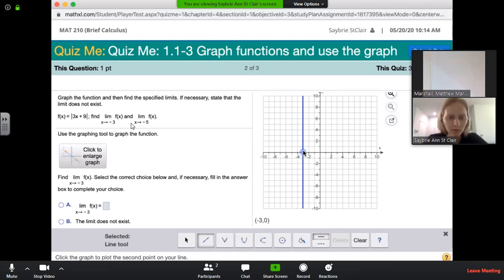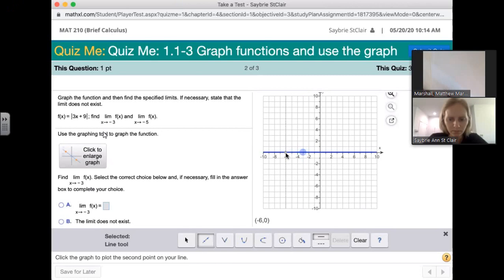And then if you plug in -5 for x, that gives you -15 plus 9, which is negative 4, which in absolute value is 4. So the other point will be negative 5, positive 4. Can you plot that point?